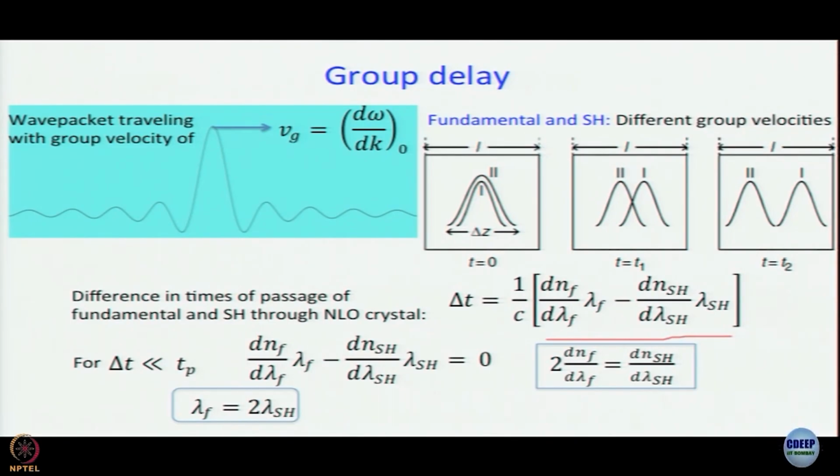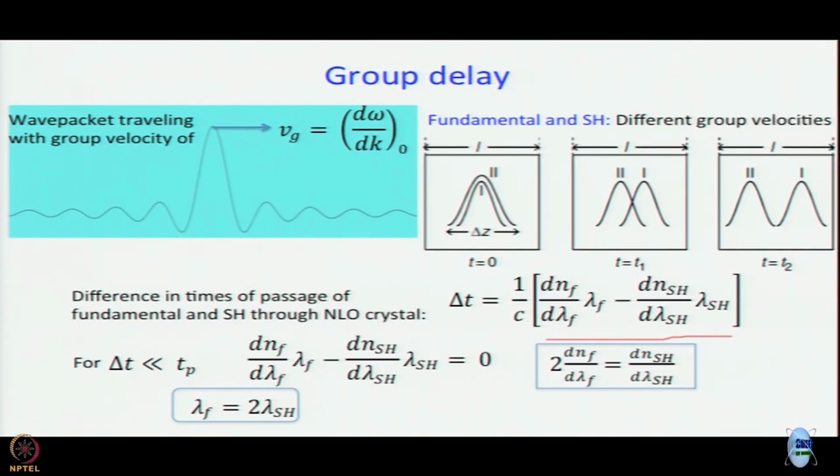dnd lambda of fundamental multiplied by 2 should be equal to dnd lambda of second harmonic. That is, the rate of change of refractive index with respect to wavelength for second harmonic should be equal to twice dnd lambda for fundamental.